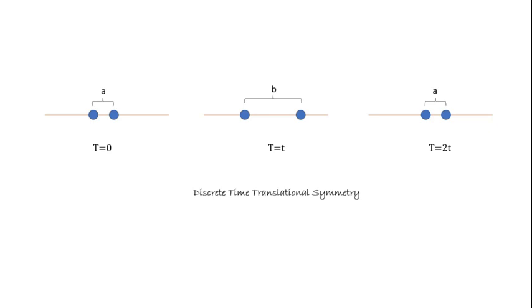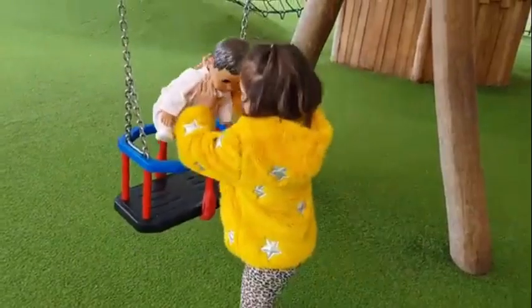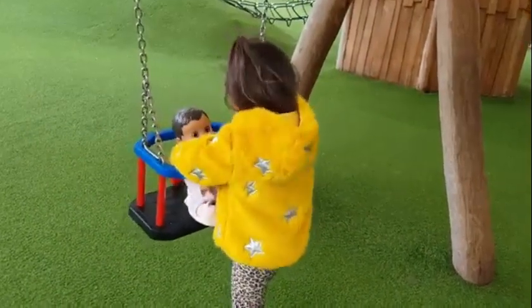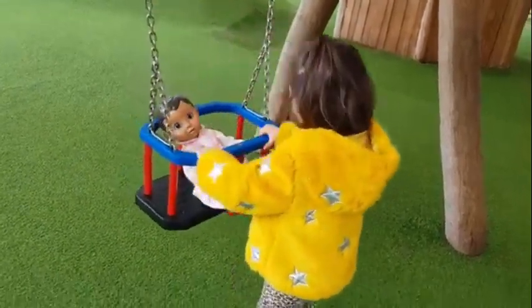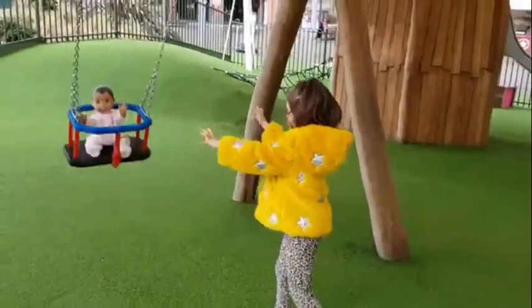This means that it is periodic now, but in time: it has discrete time translational symmetry. This is what is called a discrete time crystal. And if you look at it over a long time, you will find that it oscillates like this.